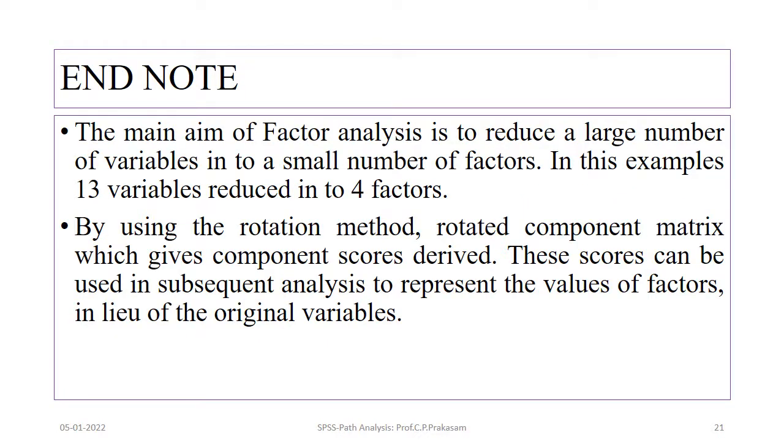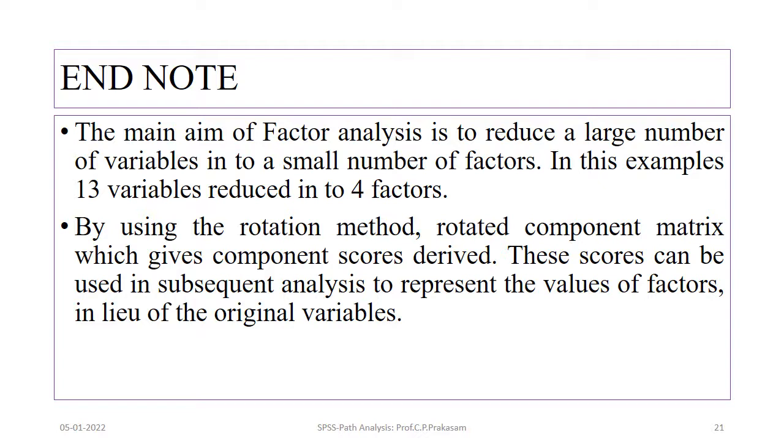End note. The main aim of factor analysis is to reduce a large number of variables into a small number of factors. In this example, 13 variables were reduced into 4 factors. But actually, though we selected 13 variables, we identified 11 variables to enter into the factor analysis. Therefore, the 11 variables have been reduced into 4 factors.